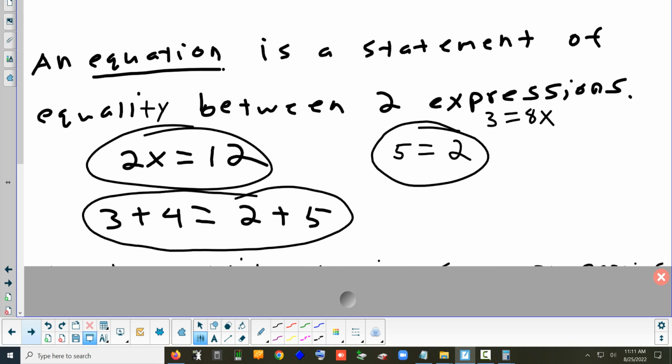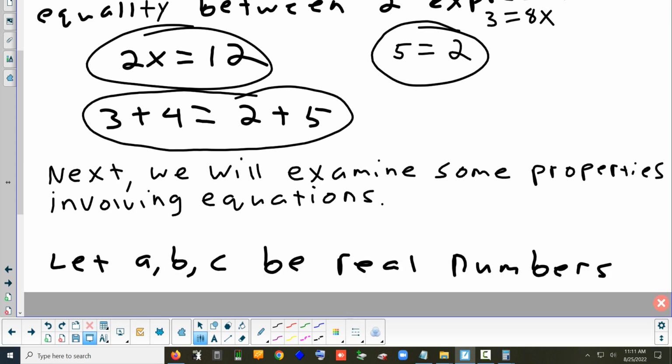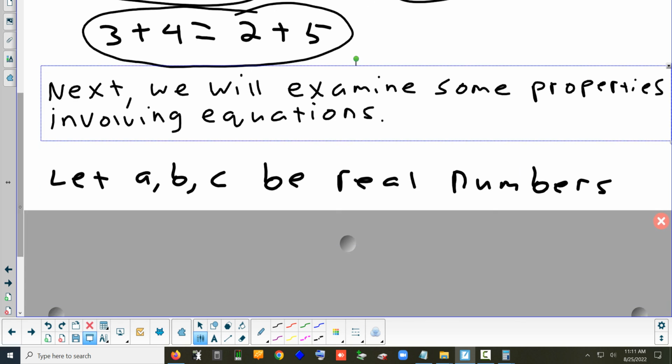It could be true under the right condition, in this case, letting x equal 6. But they're all equations. So we looked at some properties involving expressions, like taking a plus b, making it b plus a. Now we're going to look at some properties involving equations.